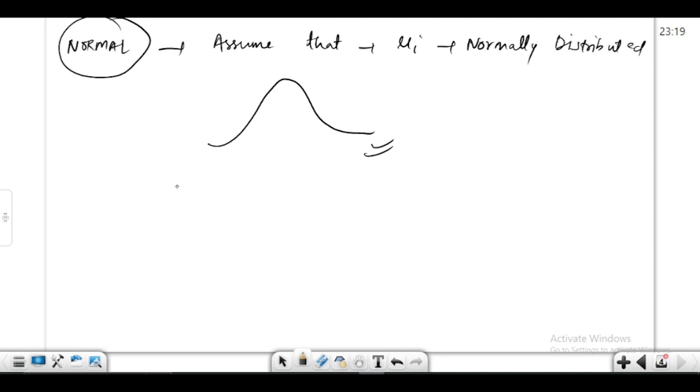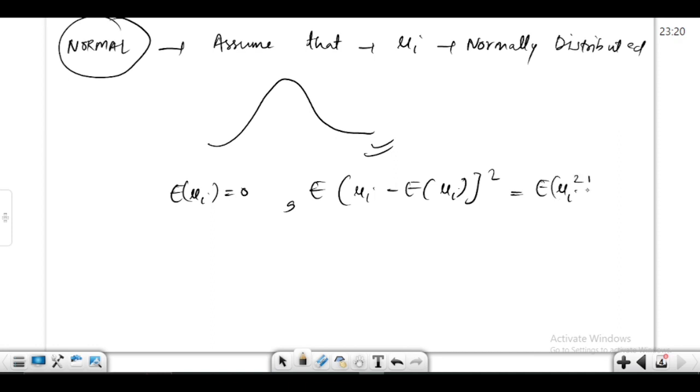So expected value of ui is 0, we know this, and expected value of (ui minus expected value of ui) whole square is equal to expected value of ui square, which is equal to sigma square. So this is the variance of ui, and covariance between ui and uj is 0, and we know this from our previous discussions.